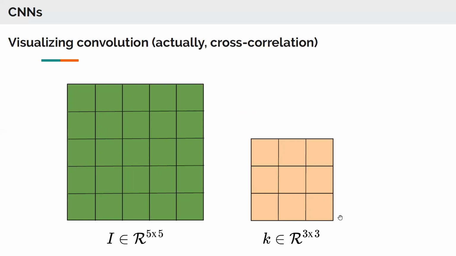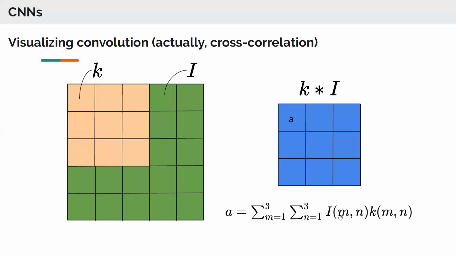To carry it out, we place the kernel on top of the image at the extreme top left. Then we compute the dot product of the elements of the kernel with the underlying elements of the image. We compute this sum, and we get one number that we put here in the output.